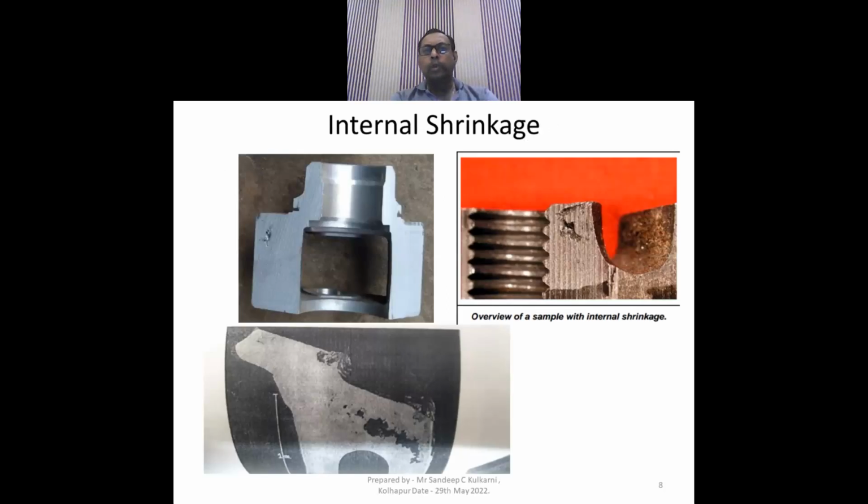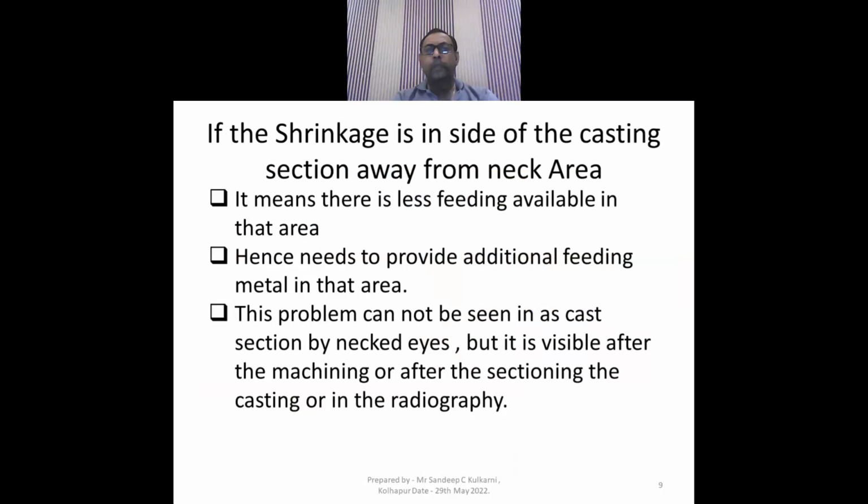Now we go to internal shrinkage, that is, shrinkage away from the neck area. Some of the photographs I have shown here for your ready reference. It means there is less feeding available in that area. So if the shrinkage is inside the casting section away from the neck area, it definitely means that the feeding is less. You need more feeding to reduce those voids or cavities of shrinkage inside the casting.